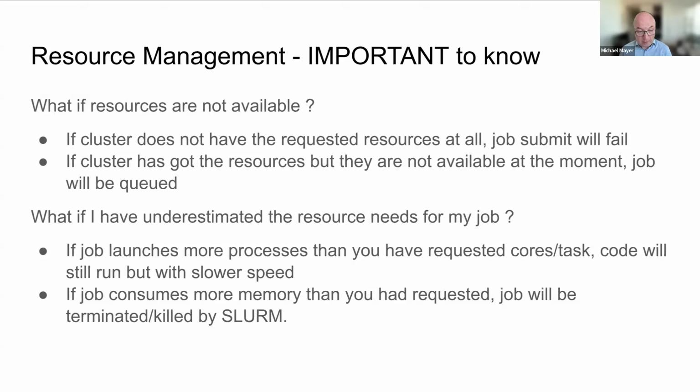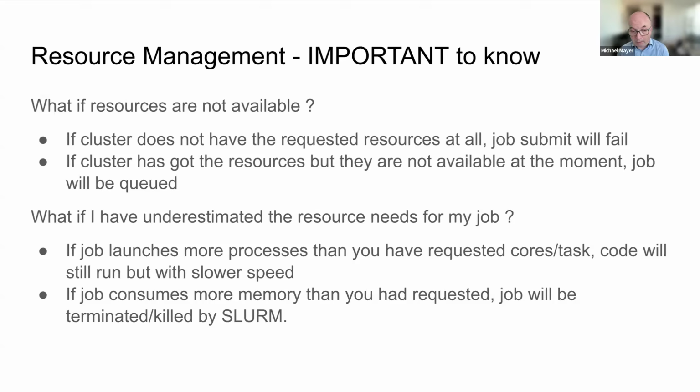If your actual job launches more processes than you have requested in terms of number of cores or tasks, the code will still run, but it will run slower, because the cluster will only give you access to, let's say, 2 cores, and if your job runs 4 processes, those 4 processes will fight for those 2 cores, which is typically not very efficient.